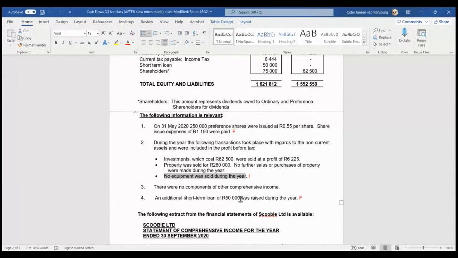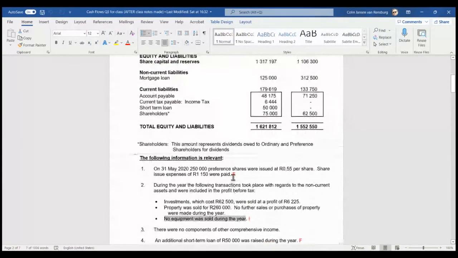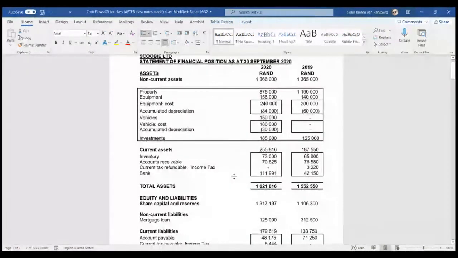That probably means that we don't even need to reconstruct the accounts, because that clearly indicates that there was only acquisition of equipment. But we are still going to look at the logic behind the reconstruction as well. So that makes it easy for us now.